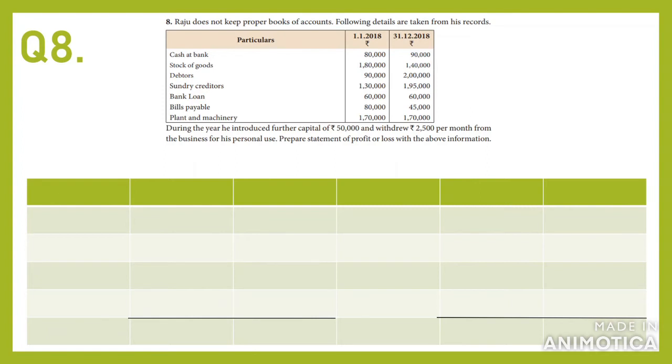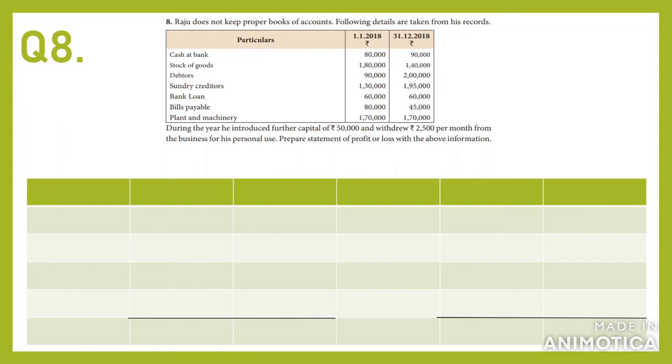It says that he has introduced further capital of 50,000. What does this mean? It means he has introduced additional capital and he has withdrawn 2,500 per month. So then you need to effectively find out what is the drawings for the full year, which means you have to multiply 2,500 by 12.